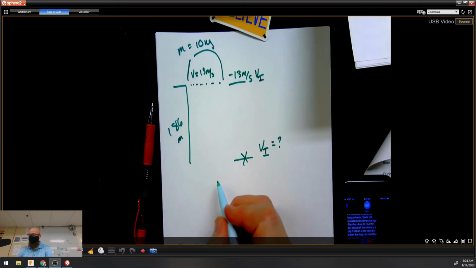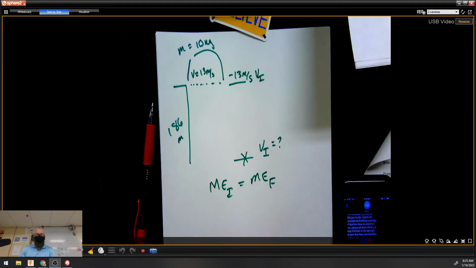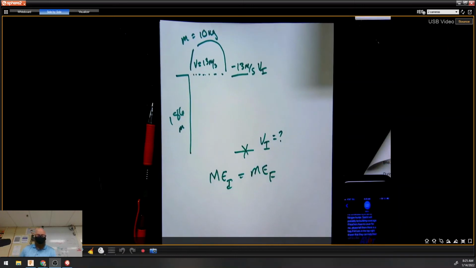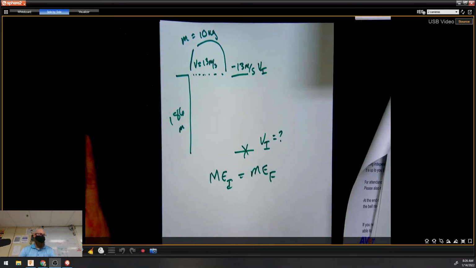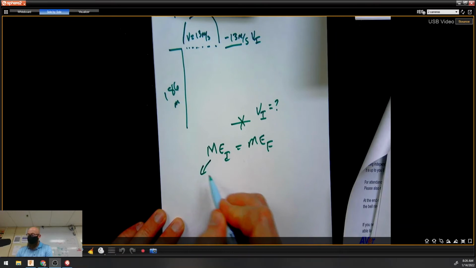I'll give you a hint. Take a look at your notes. All right, hint 2. What does ME stand for? Mechanical energy, initial, right? So I have potential energy, initial.